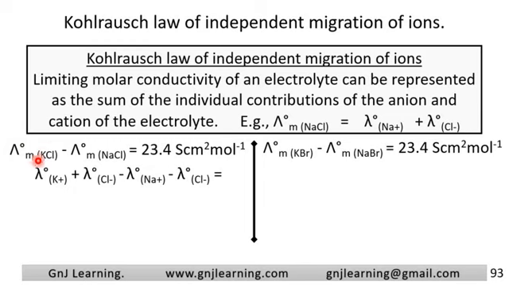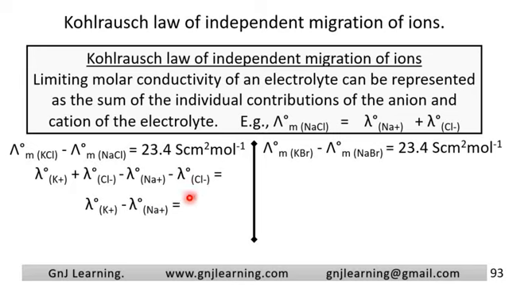So he assumed that lambda m0 of KCl is due to lambda 0 of K plus and lambda 0 of Cl minus, and lambda m0 of NaCl is due to lambda 0 of Na plus and lambda 0 of Cl minus. He substituted those values, and the Cl minus and Cl minus cancel because of opposite signs.